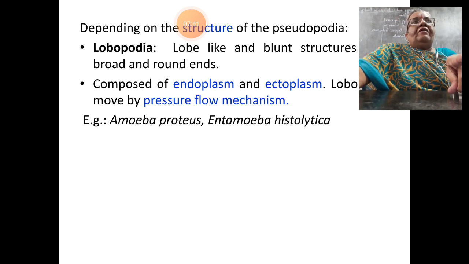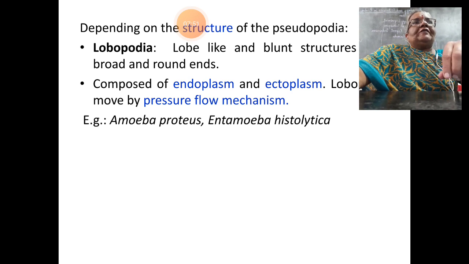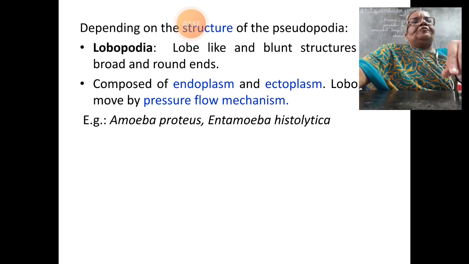Okay. Now I should tell you one thing. See, inside the cell, the entire body is a single cell. Inside the cell you find protoplasm and nucleus. And the protoplasm present in the cortical region, cortex, outer surface, towards the outer rim is called ectoplasm.